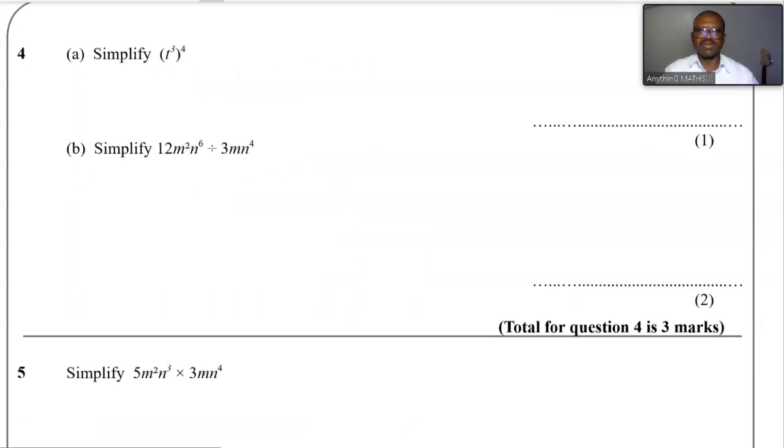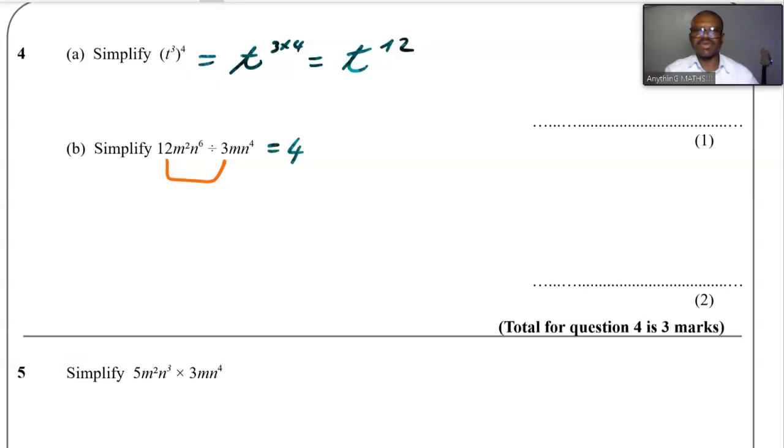Okay, question 4. Getting rid of the bracket is going to be 3 times 4, which is t raised to the power 12. 12 divided by 3, we're going to get 4.